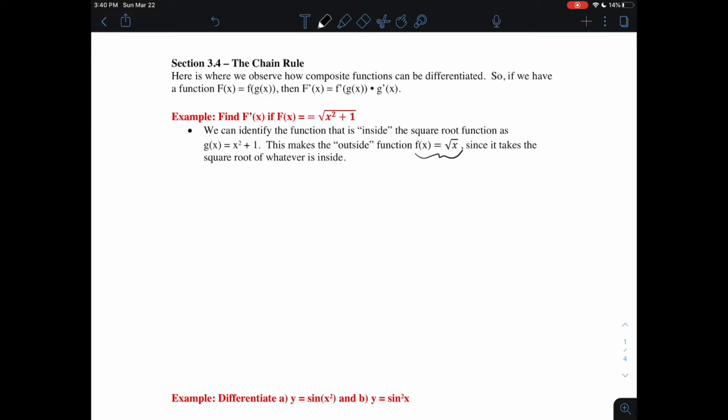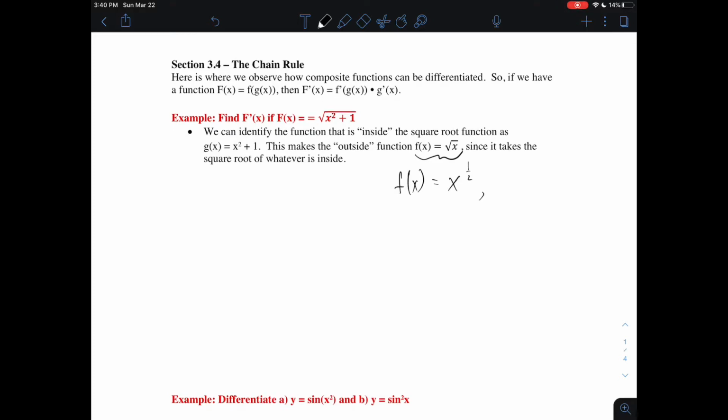We're going to need some derivatives to move forward. So first with lowercase f of x, we're going to rewrite that using a power like we've seen before, which then means that the derivative uses the power rule. So f prime of x would be taking the original power 1/2, that becomes a coefficient, and then we subtract 1 from the previous power, so 1/2 minus 1 gives us negative 1/2.